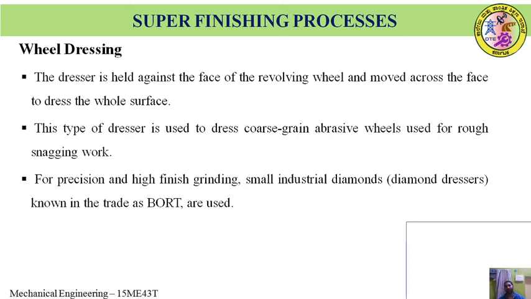Just like grinding a single point cutting tool after it wears out, similarly, after wear of the grinding wheel, we do a dressing operation so that the sharp edges will again project from the outer surface of the grinding wheel for the cutting operation.